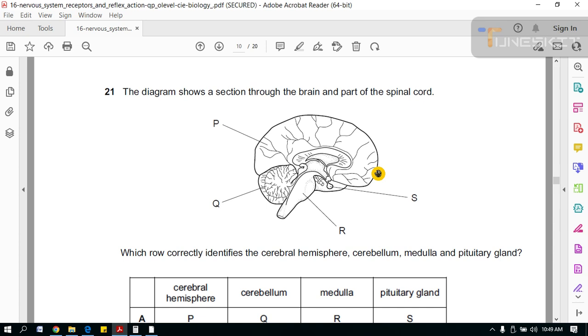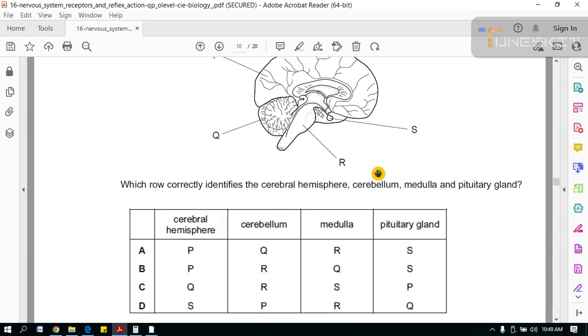So it is very important to understand the difference between hypothalamus and pituitary, because the pituitary gland is just below the hypothalamus, right? If there is a single lobe, as you observe in the diagram, you can categorize it as the pituitary gland, right? So which row correctly identifies the cerebral hemisphere, cerebellum, medulla and pituitary gland?